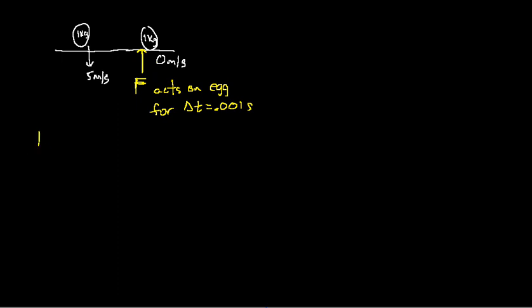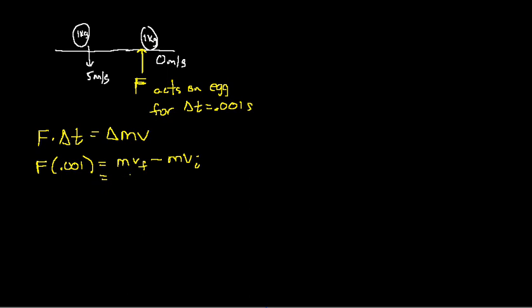So our impulse equation says force times change in time is equal to the change in the momentum. This is impulse here, force times time. So let's look at this impulse. Force times time, which is 0.001 seconds, is equal to the change in momentum. Here the final momentum is 0. So the change in momentum is mass times v final minus mass times v initial.